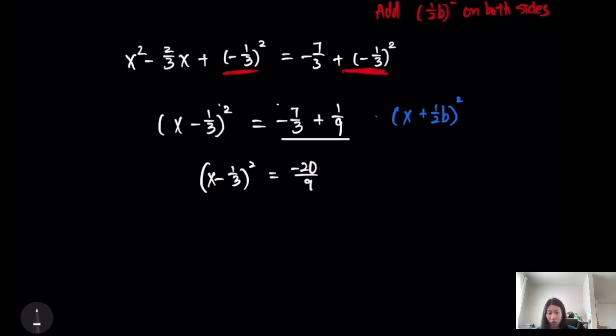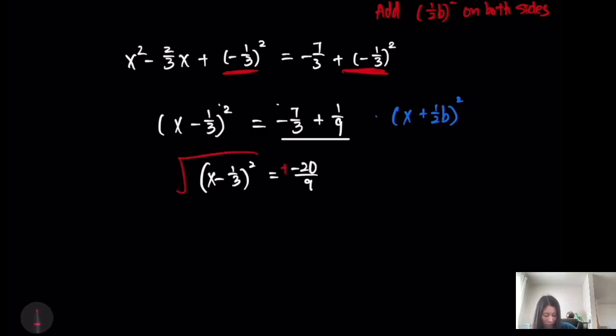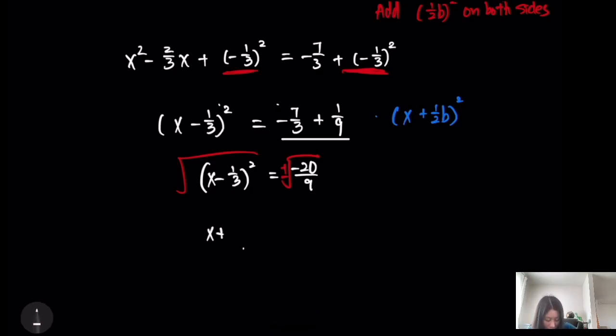Now use the square root, the even root property. So I have square root on both sides. Now I have x minus 1/3 equals positive or negative square root of negative 20 over 3.